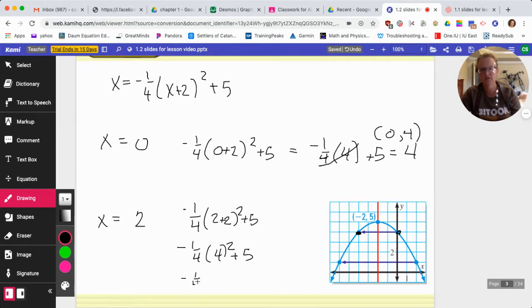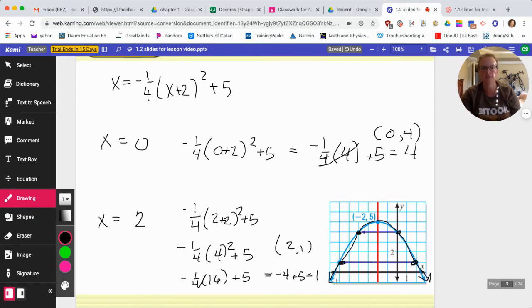So negative 1/4 times 16 plus 5. Negative 1/4 times 16 is negative 4, plus 5 is 1. So my ordered pair is 2, 1. So let's go over 2, up 1 and then reflect it over the axis of symmetry. 4 away, 4 away. There we go. And now we can draw a smooth curve through all of those points.